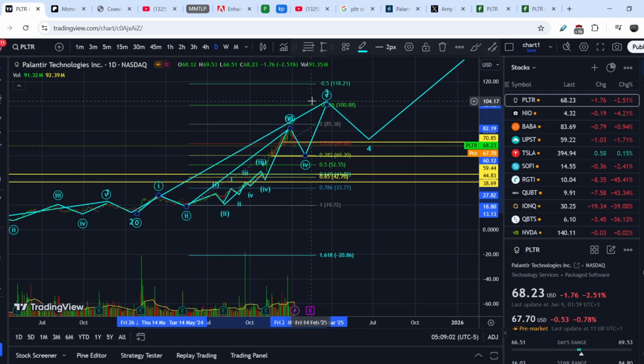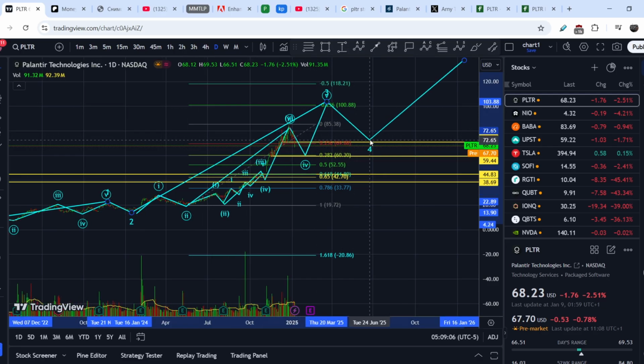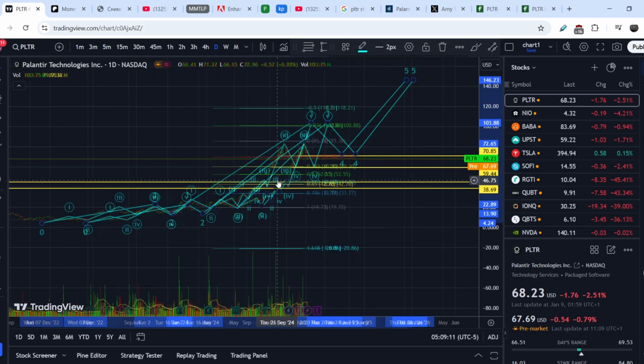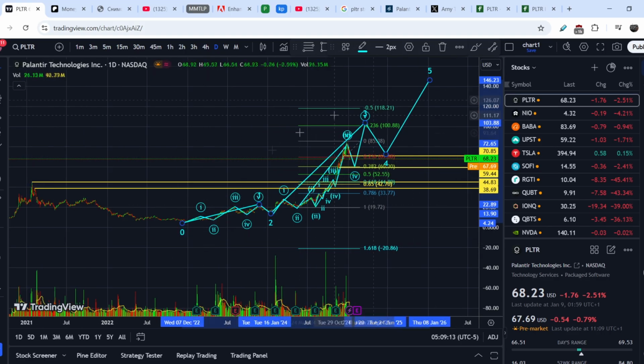And then, guys, we will have another leg to the downside that will complete the fourth wave on a bigger scale, and then we will have another leg to the upside. And this is only the structure of these movements from this bottom, from its lowest point that was set in the middle of December of 2022.